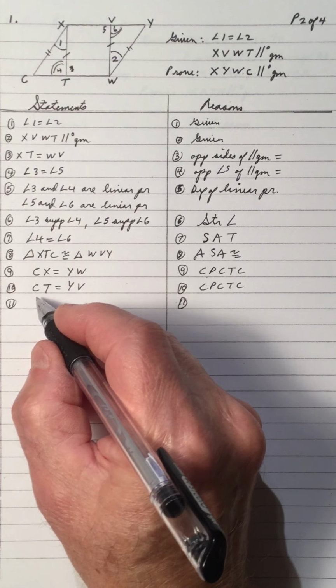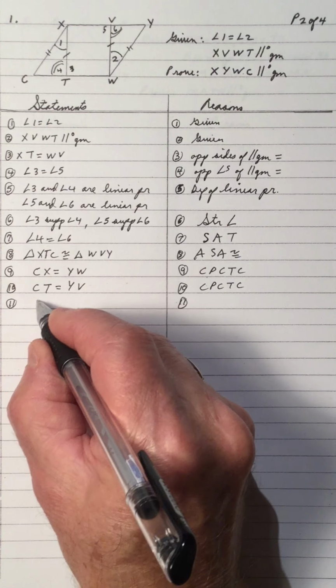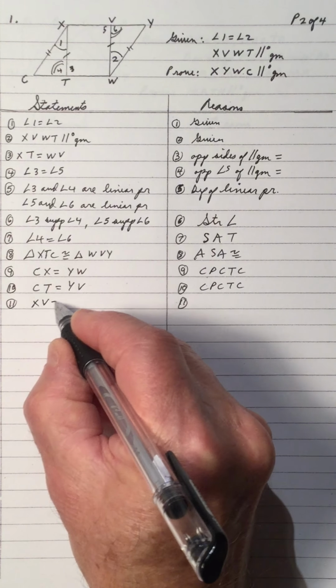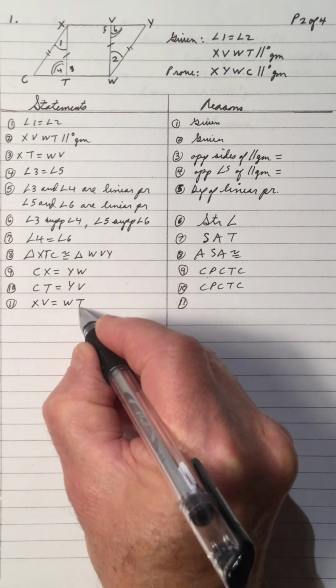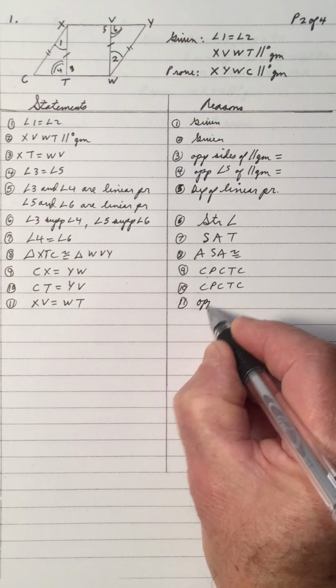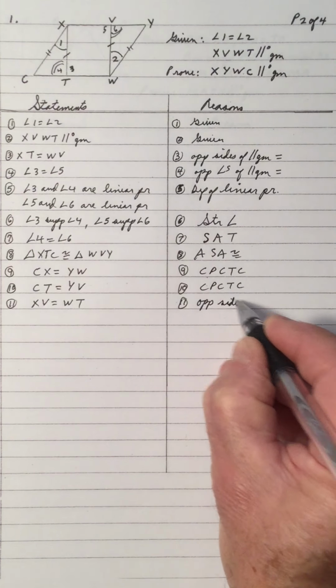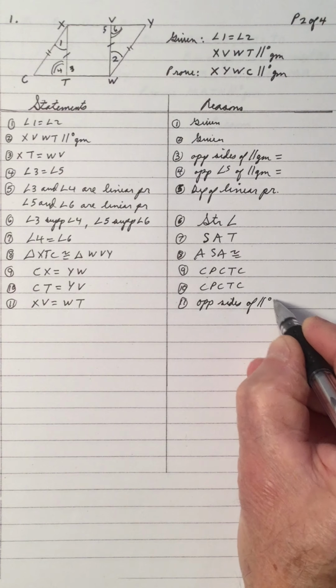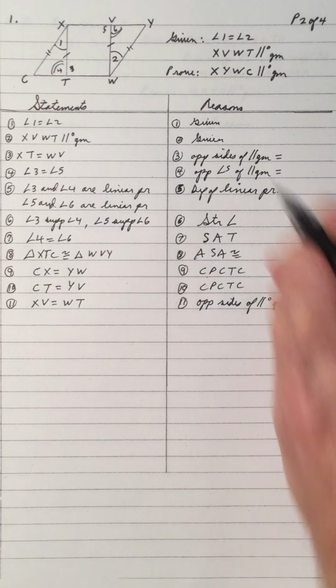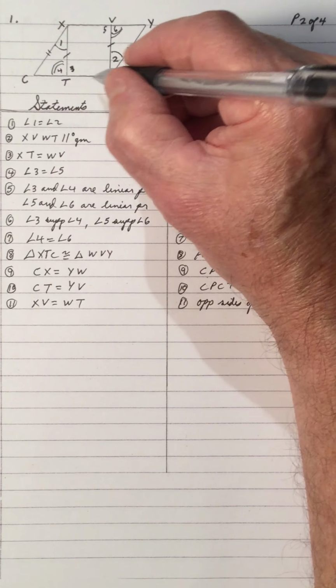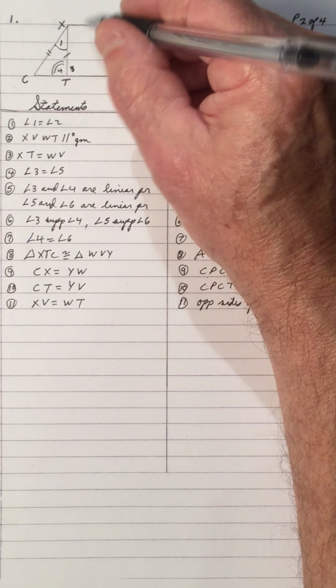So we have XV equals WT, opposite sides of a parallelogram are equal. Remember, XVWT is a parallelogram, so the opposite sides are equal.